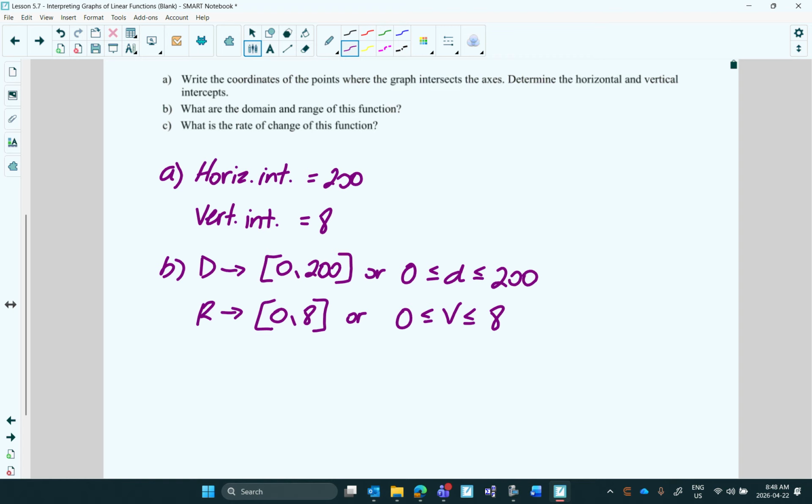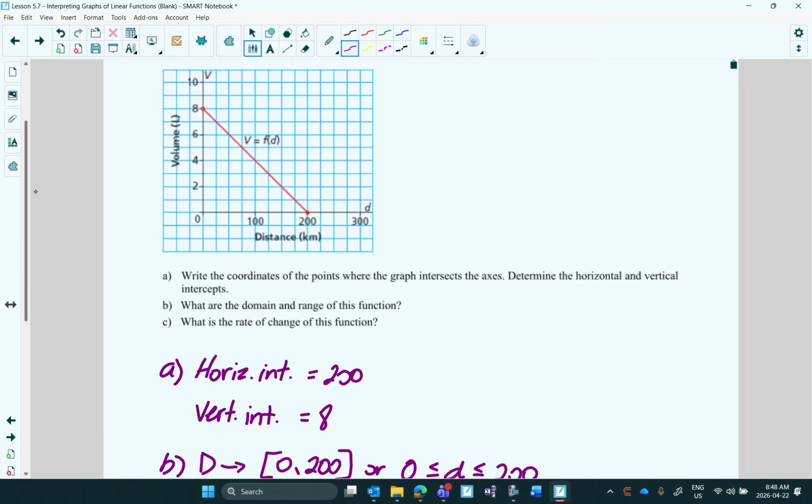And finally, the rate of change. Well, remember, we need 2 points. Let's use these 2 points. What point is this? What coordinate is this? 0, 8.